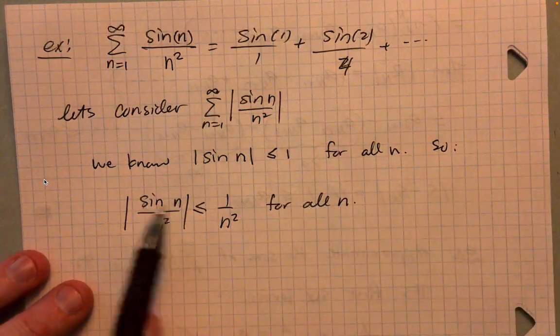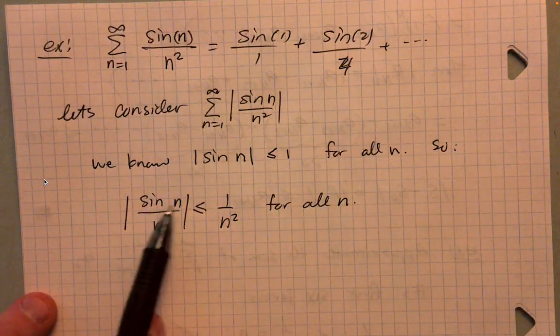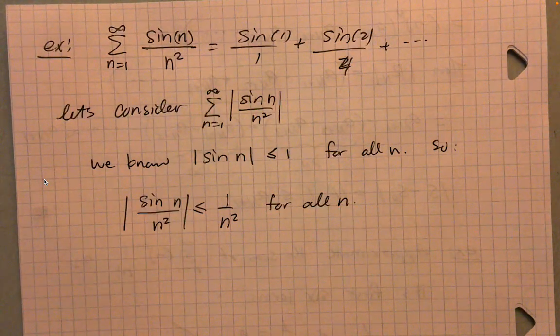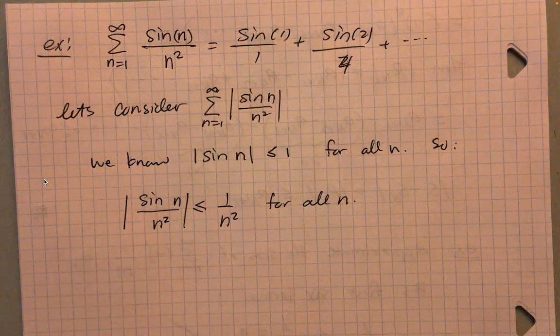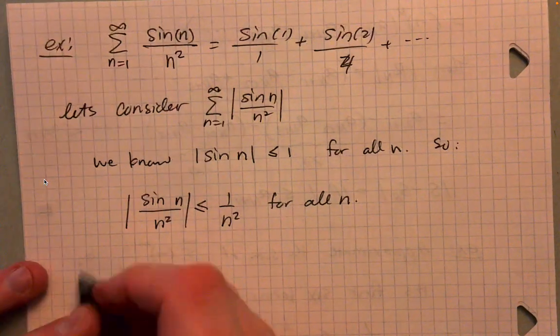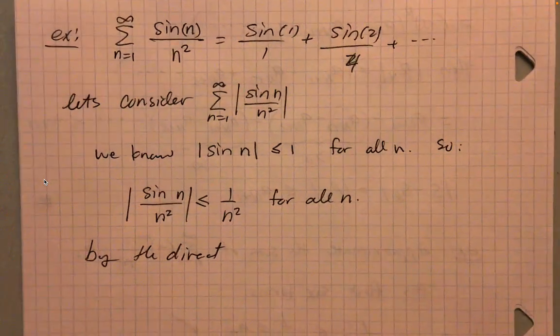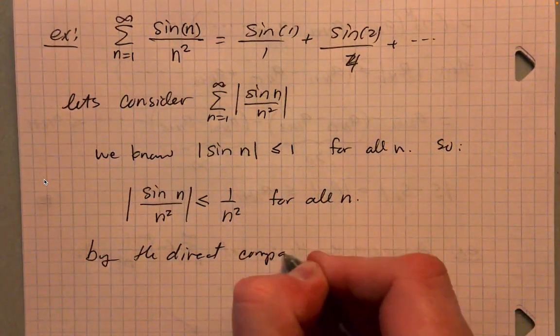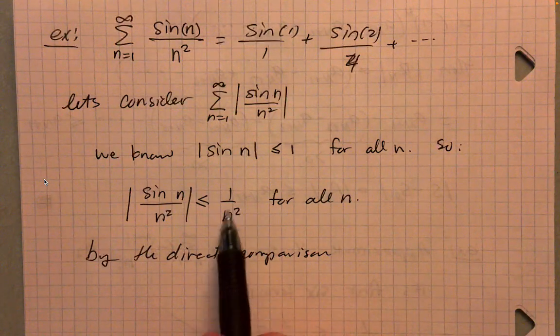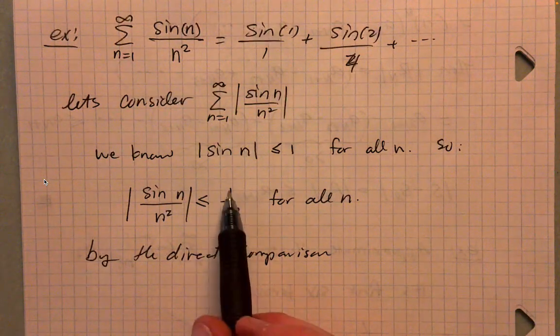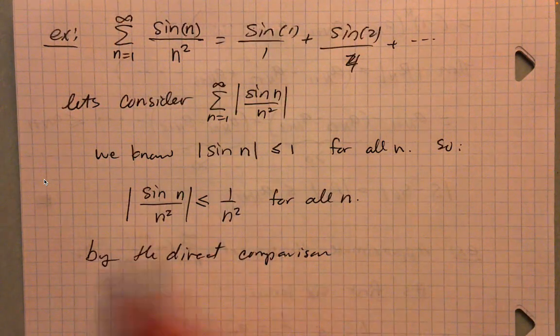At most, the numerator will be 1, and many times it'll be less than 1, which is going to make this piece smaller. Okay, so by the direct comparison test, this is just direct comparison, we know that this guy here converges, and so this other one must as well.